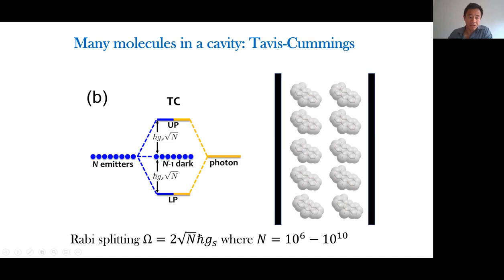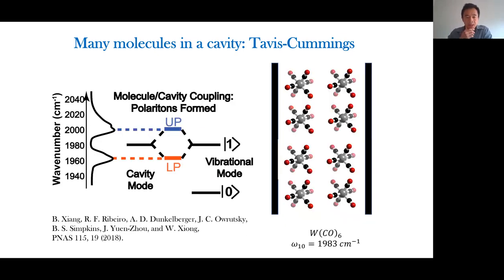So with disorder and with vibronic coupling, there are some subtleties about that, and I will talk more about that in a moment. These are some experiments that my colleague Wei Xiong has carried out in UC San Diego, where he's focusing on vibration.